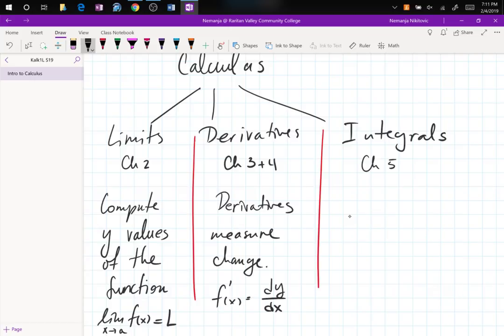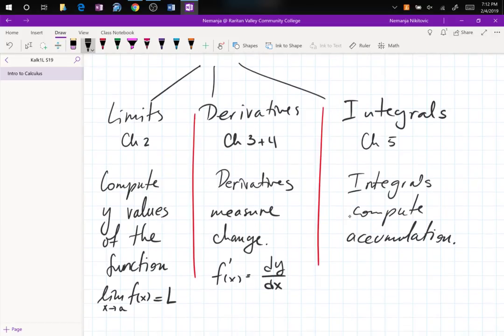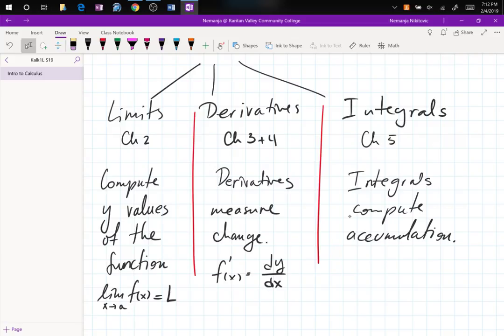They measure work. There's just so much that you can get with calculus. So integrals compute accumulation. It's addition, it's summation, and all of that stuff. We'll have the integral of f of x dx. So these are the components of calculus.